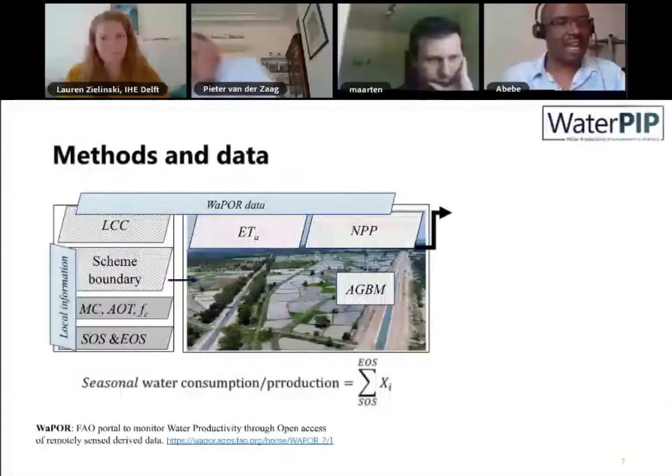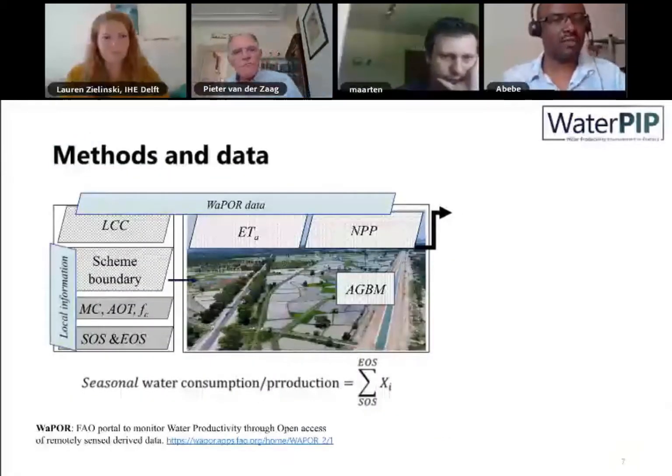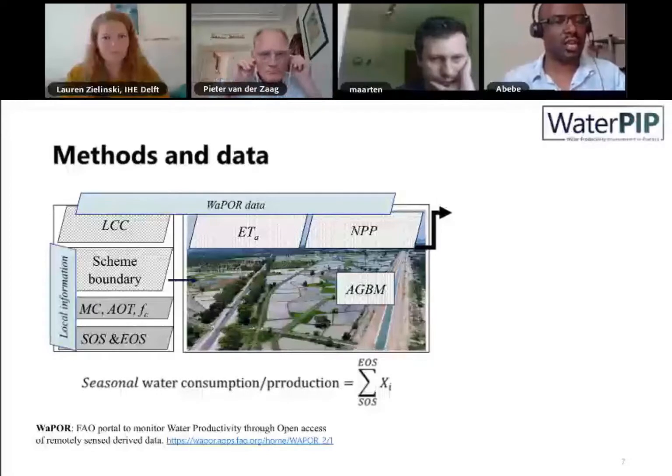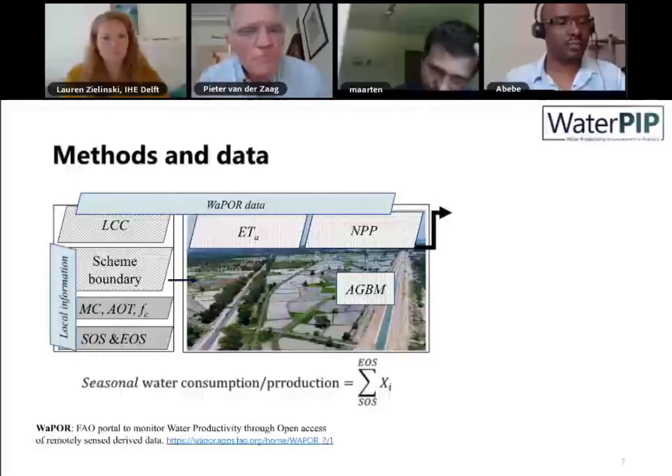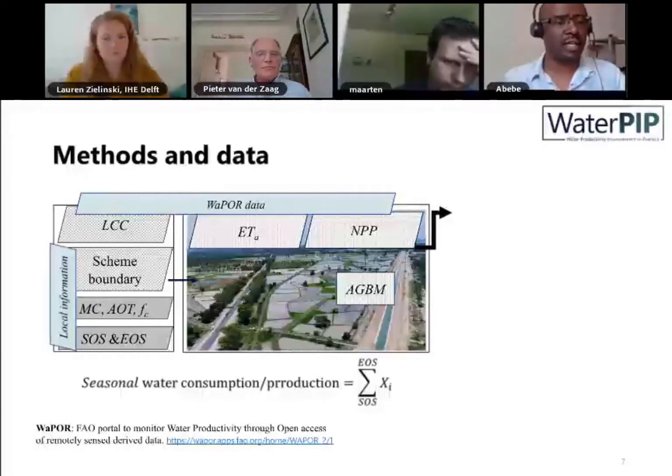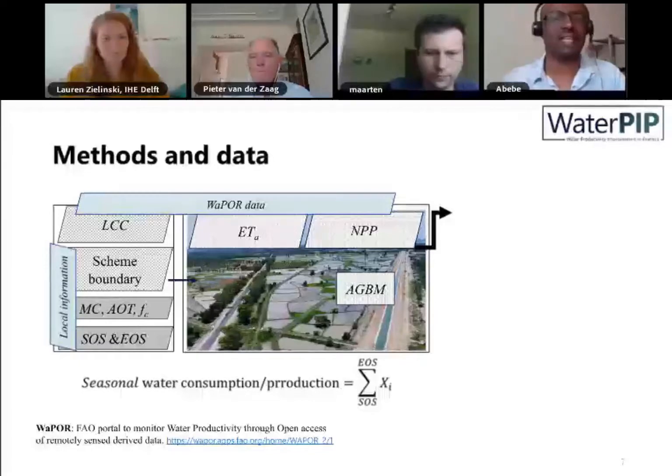So what method and data have I used to answer those things? Data from WaPOR. For those of you who just joined this webinar, WaPOR is an FAO portal to monitor water productivity through open access remotely sensed derived data.